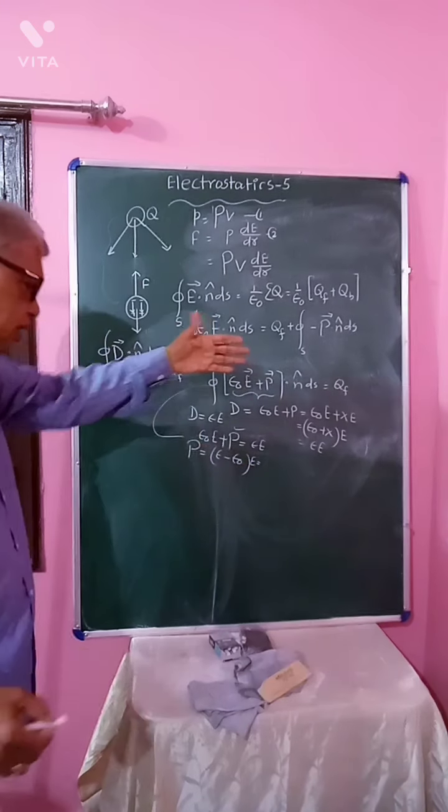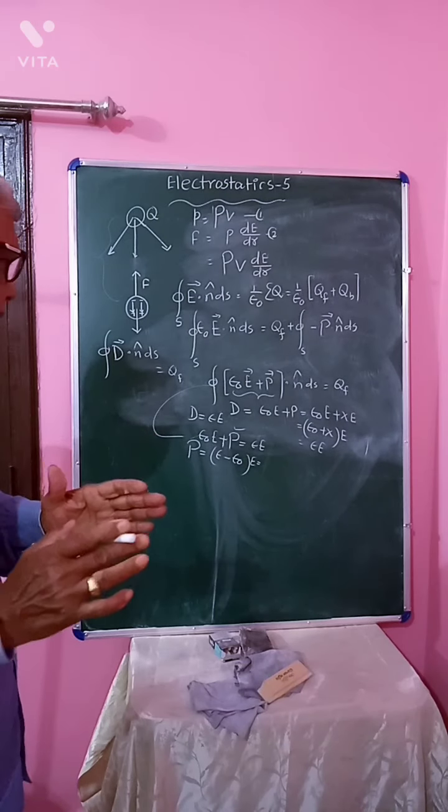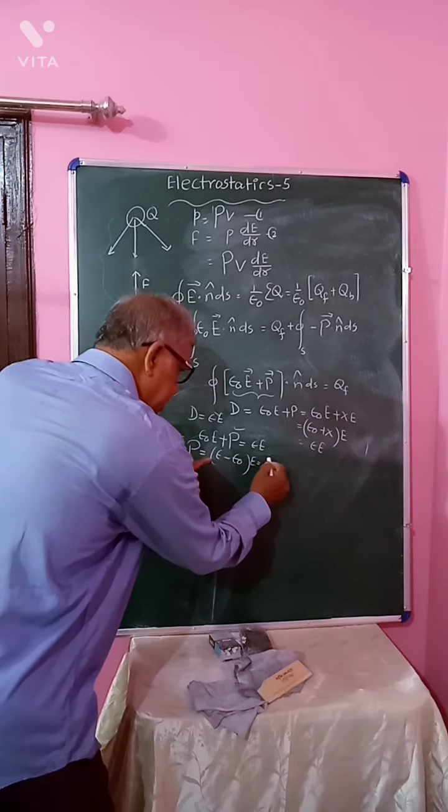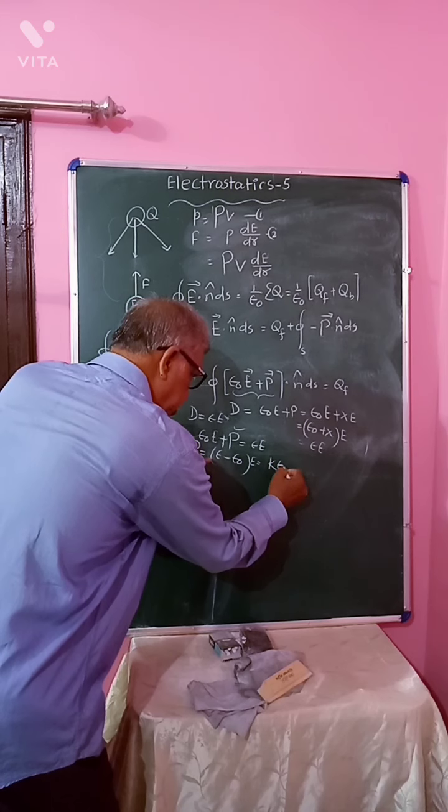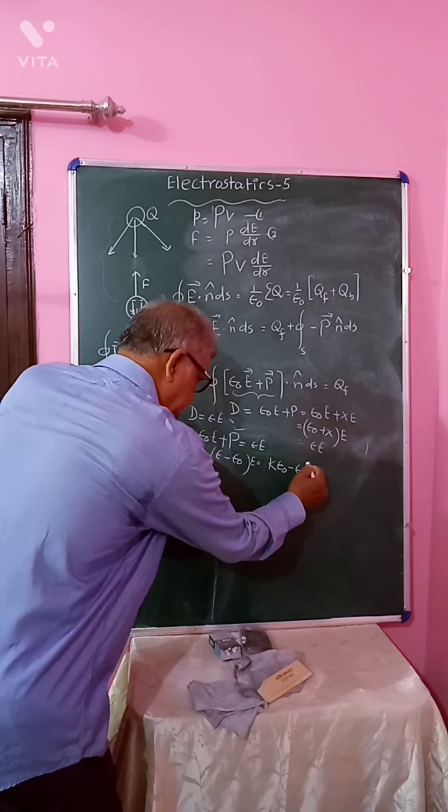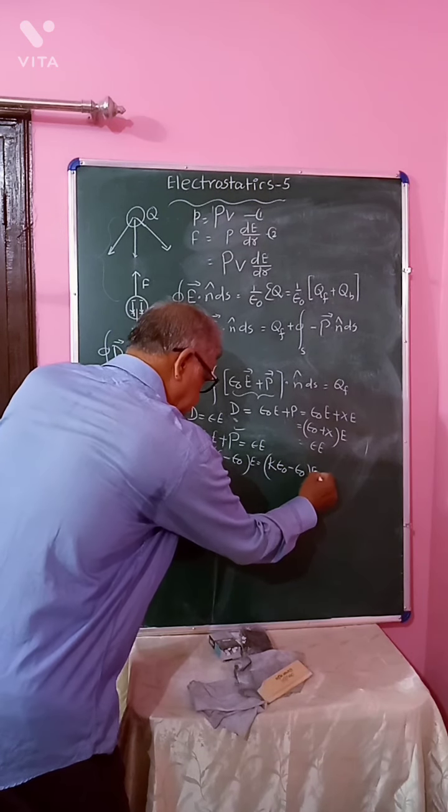In the question dielectric constant K is given, and you relate epsilon as K epsilon 0, so P equals K epsilon 0 minus epsilon 0 into E.